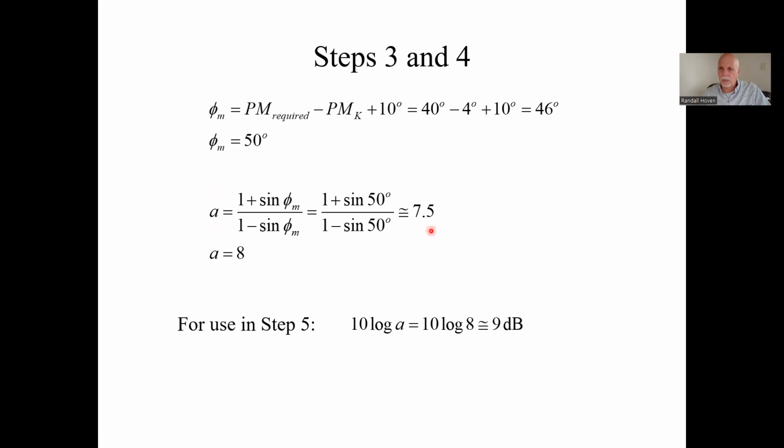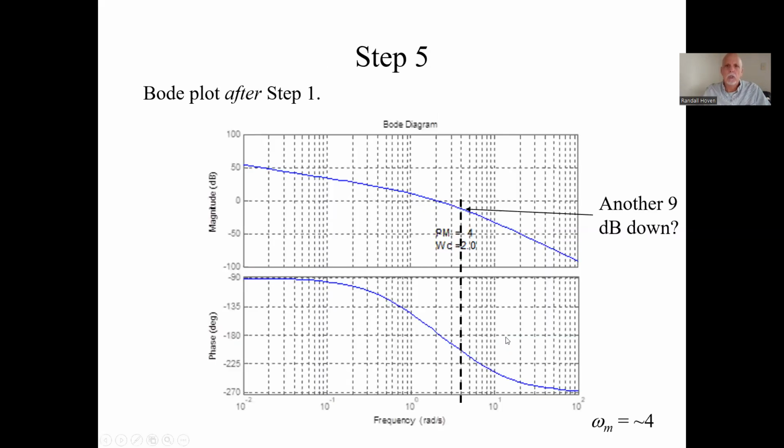From there, I can calculate my A. It says A is 7.5. We'll bump that up to the nearest whole number, A equals 8. And for use in step 5, 10 log of A is about 9 dB. So here was our Bode plot after step 1 to include that K sub naught. I need to go another 9 dB down.